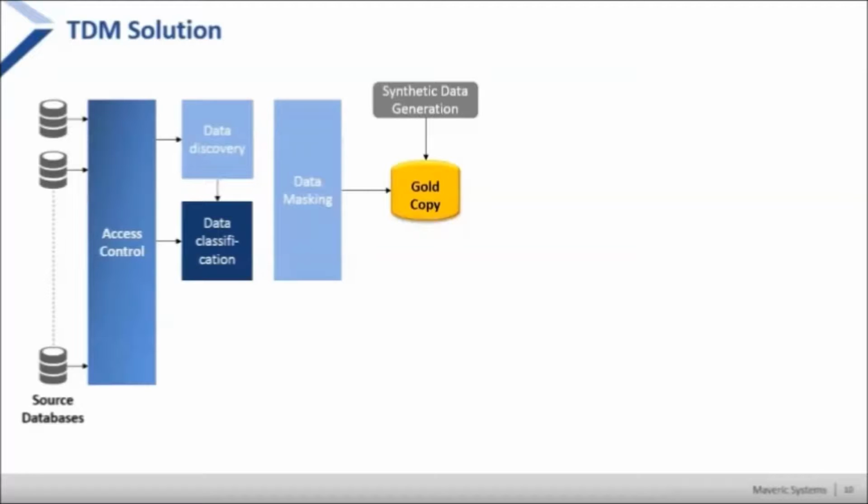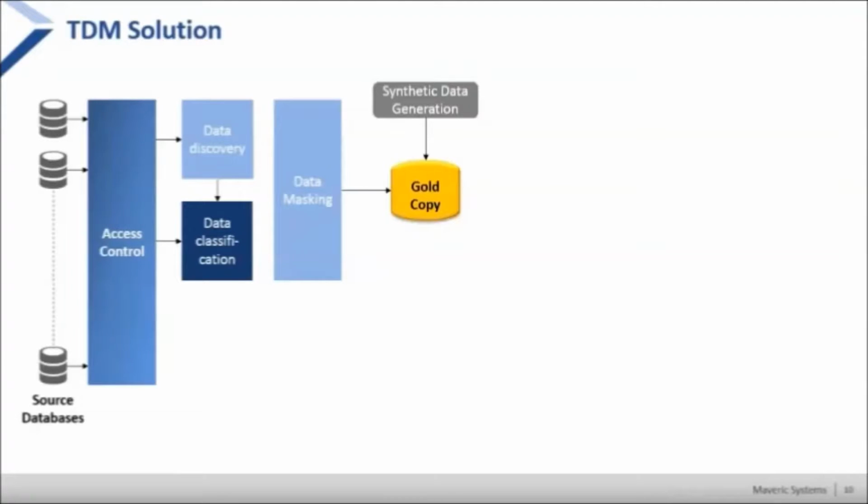The tools available in the market can be used to configure the business rules and how the data should look like, and we can generate the data required. So the general idea is that the data masked from production as well as the data generated should be stored in the gold copy, because that is going to be the source when you consider the data provisioning perspective. This will be the one superset of data, which can be used for subsetting and everything.